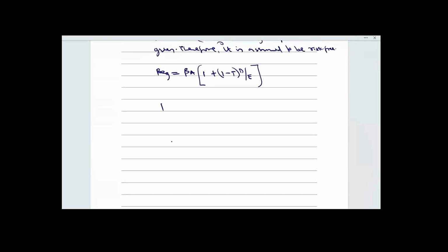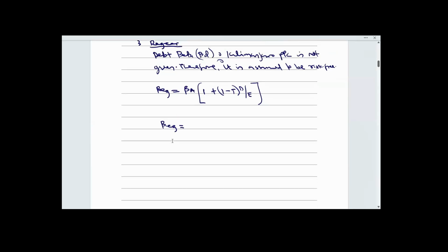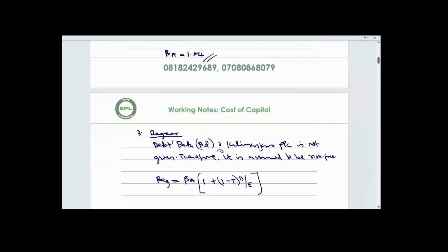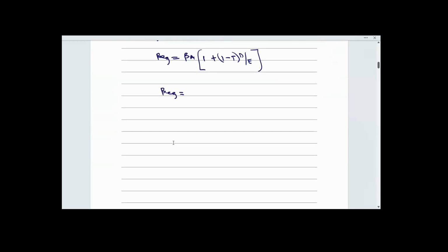So beta equity of a gear equal to, we have calculated beta asset in step 2 to be 1.04. Here is 1.04 multiplied by 1 plus tax rate is 35%. 1 minus 35% will give us 65.